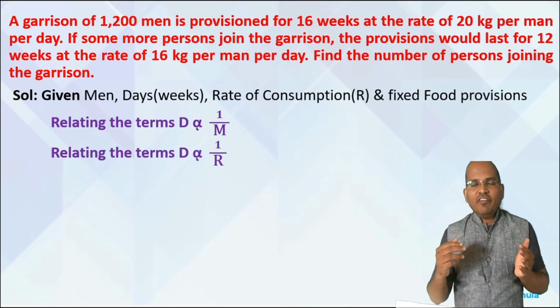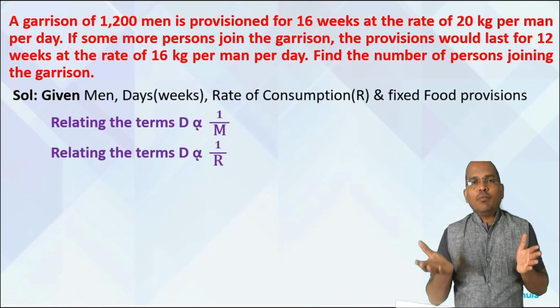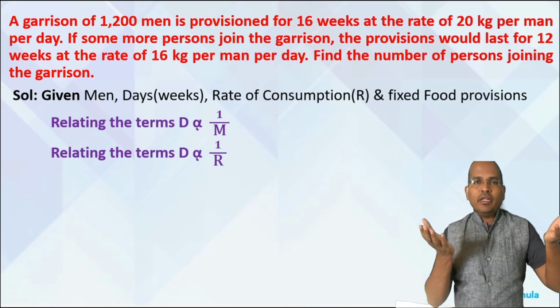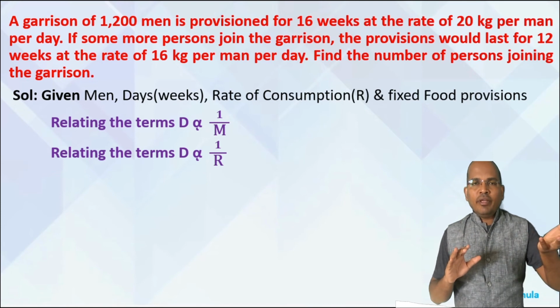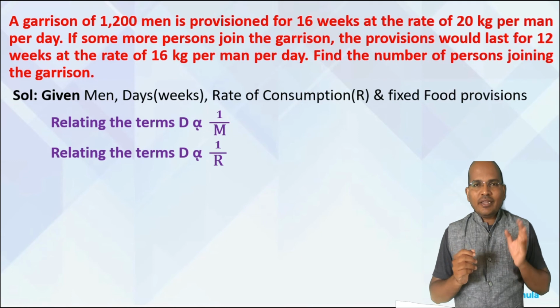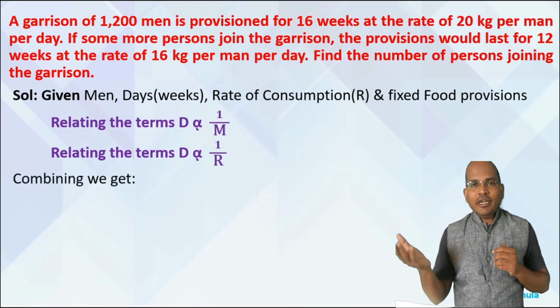Similarly, the number of days depends on the rate of consumption inversely. If they eat more per day, the food will be enough for fewer days. If they eat less per day, the same food will be enough for more days. So from these two, we observe that the days in weeks depends on men and rate inversely. So it's a joint variation.